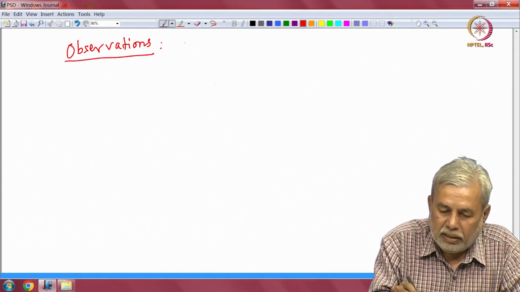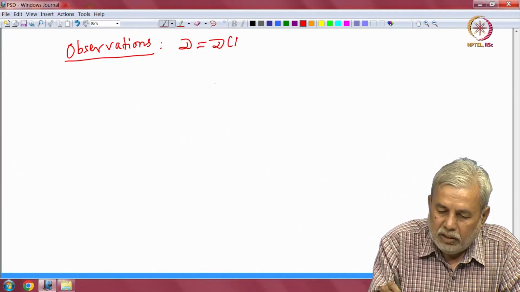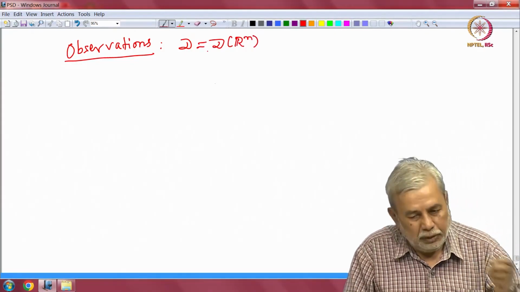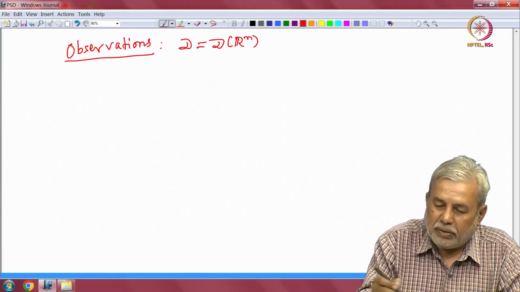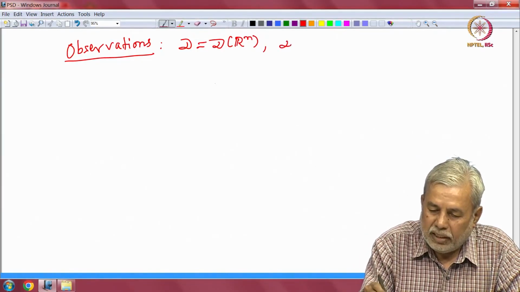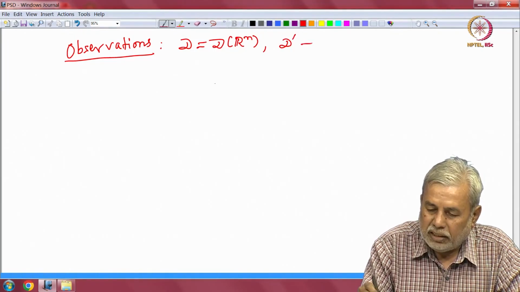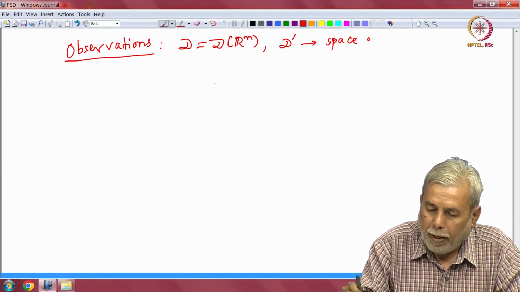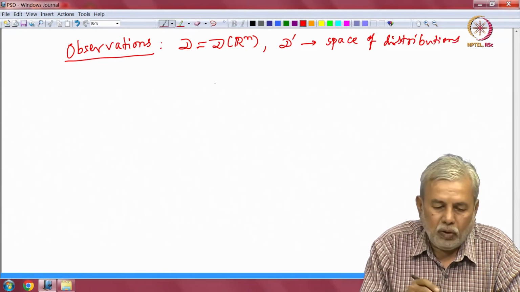Just for the sake of notation, the space of test functions I denote by D and its dual, the space of distributions, by D prime.